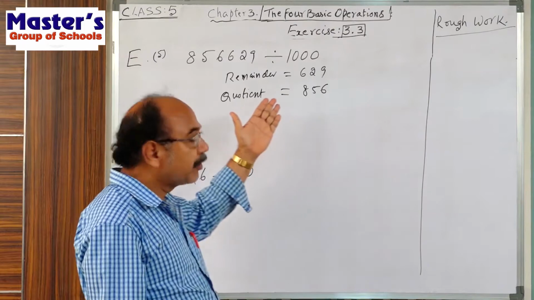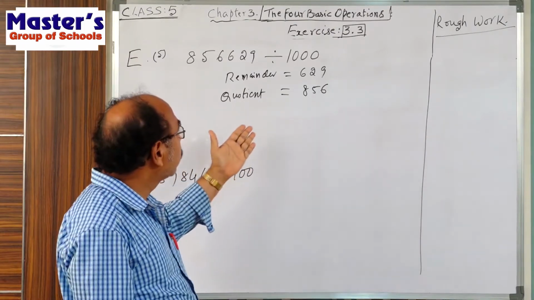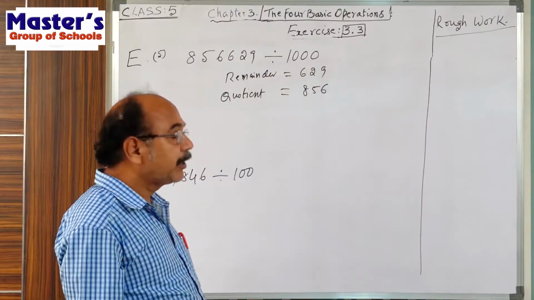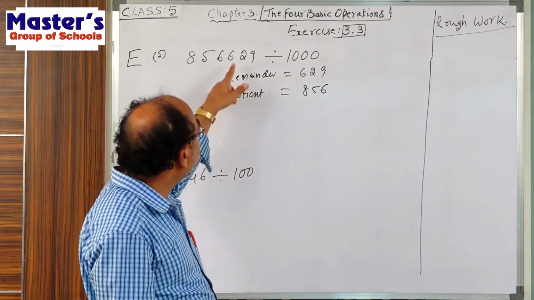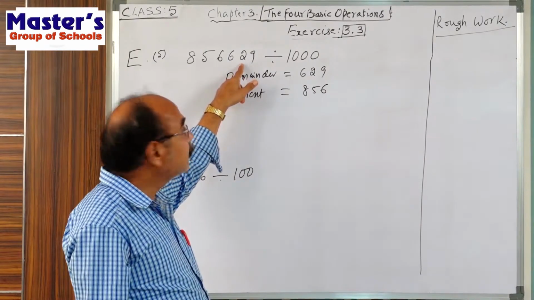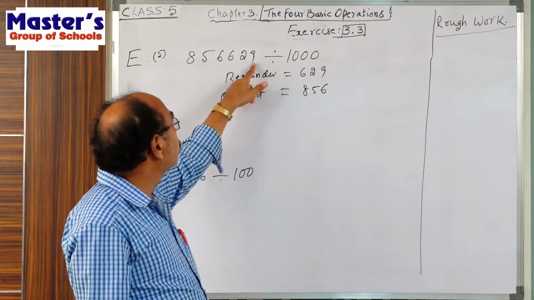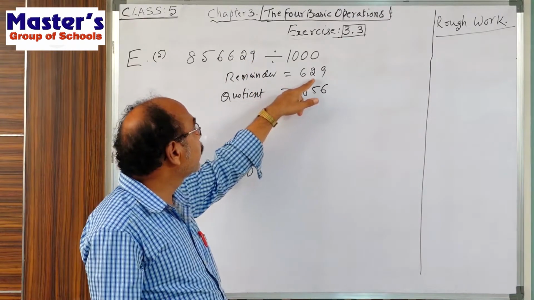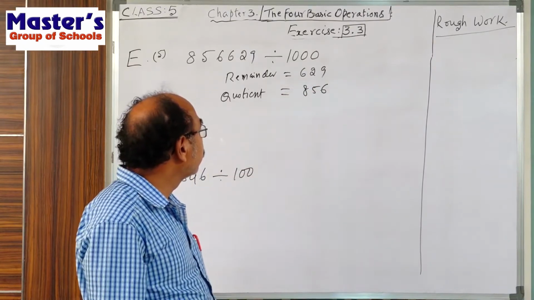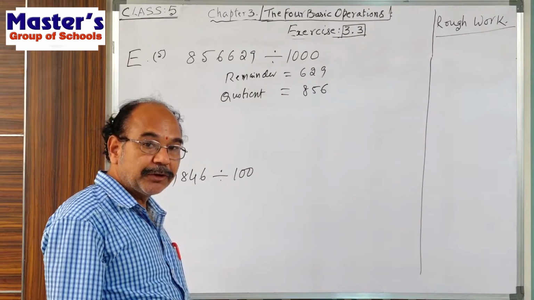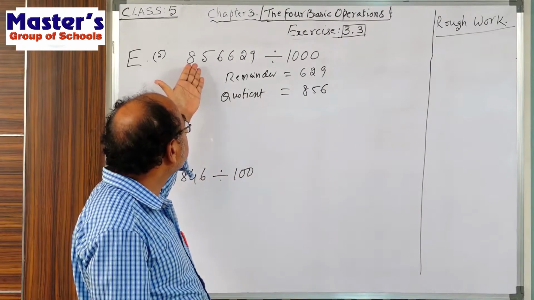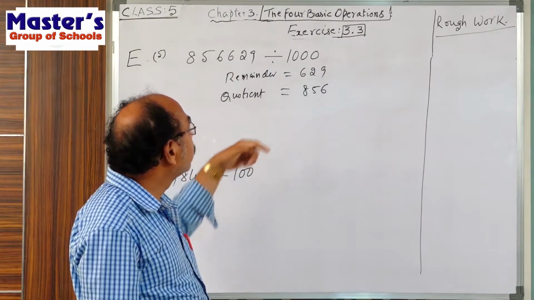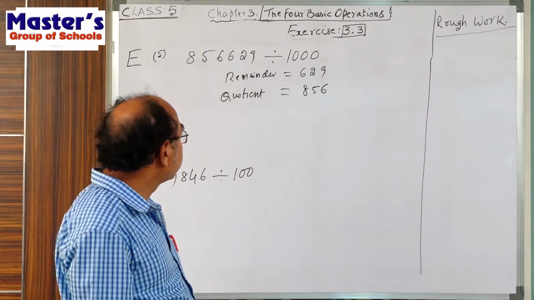If any number is divided by 1000, in 1000 how many zeros are there? 3 zeros are there. That's why the hundreds digit, tens digit, ones digit, the 3 digits occupy the place of the remainder. That's why the remainder is 629. The rest of the digits, the remaining digits, 8, 5, 6, occupy the place of the quotient. 856 is the quotient.